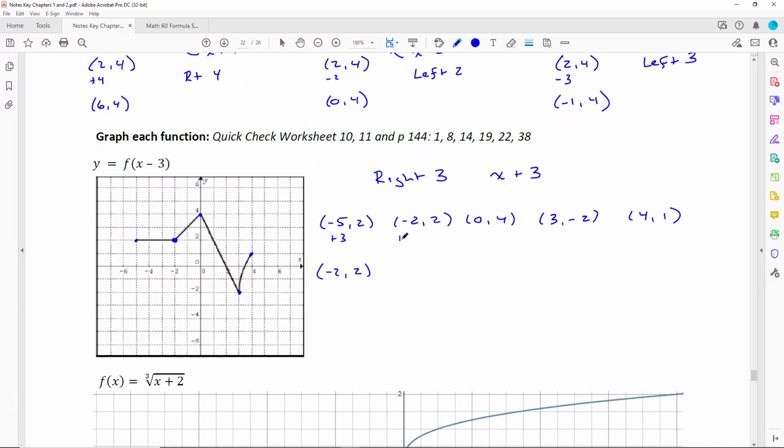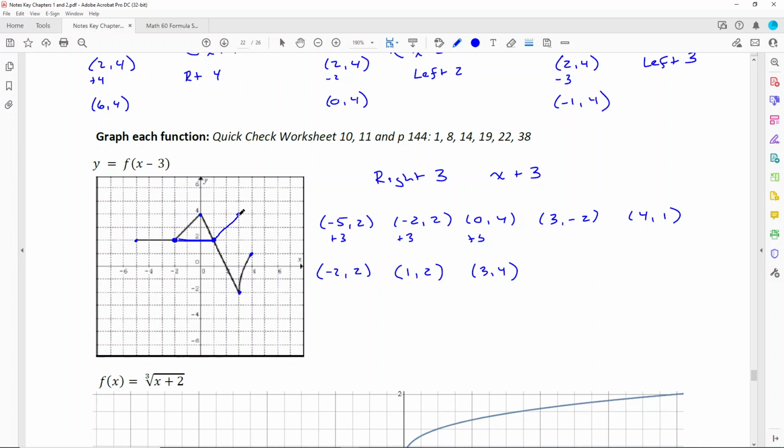Then I'm taking my next point, and I'm adding 3 to the x value. That would be a point 1, 2. So again, I'm taking this point, I'm moving it right 1, 2, 3, and it would be at 1, 2. And I would draw my connecting line at this point. Then my next point, I'm going to add 3 to the x value, and I get 3, 4 as my transform point. In other words, I'm taking this guy here and moving it right 1, 2, 3.